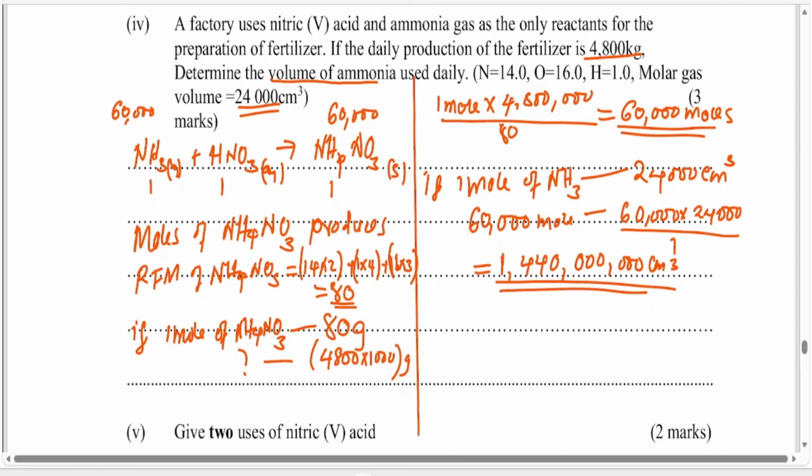So we know 1,000 cubic centimeters are equivalent to 1 liter. So I can divide by 1,000 and I obtain it in form of liters. So this becomes 1,440,000 liters.